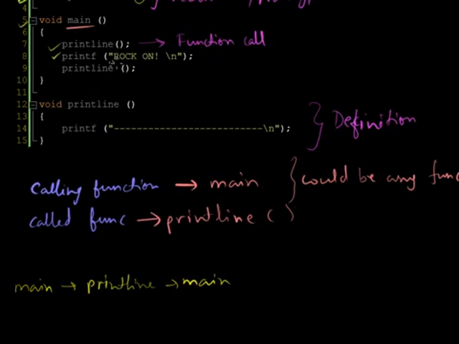Like when you go to printf, printf's code must be somewhere in the C library. It is executed and the control comes back and executes other statements which are below. So print line, main and again print line. This is with regard to our user defined function, not printf. So this way the control flows back and forth between the calling and the called function.